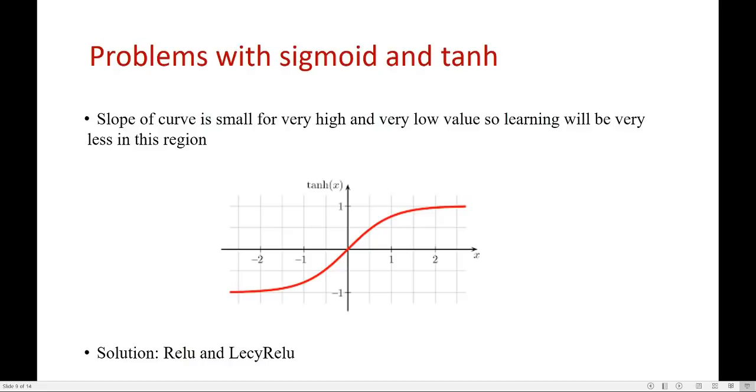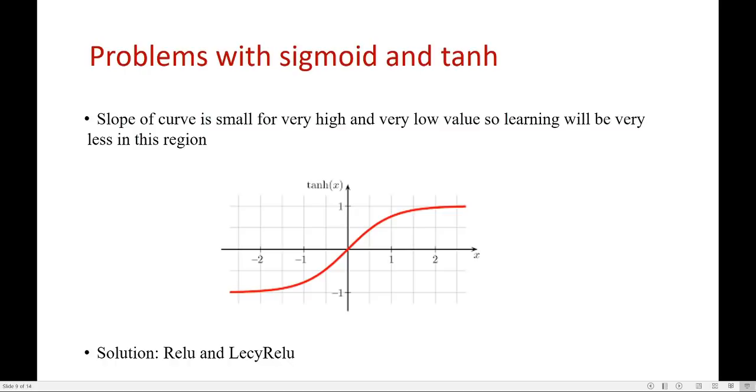But there are certain problems with sigmoid and tanh. We can observe that the slope of the curve is very small for very high and very low values of z. We expect the non-linear function to have a larger slope so that learning will be fast.